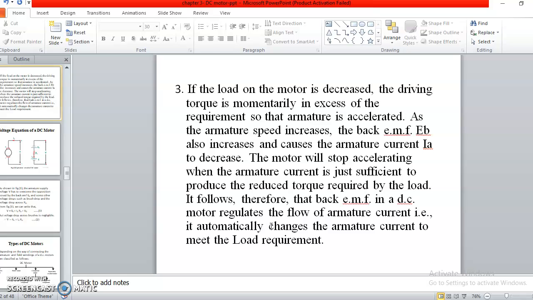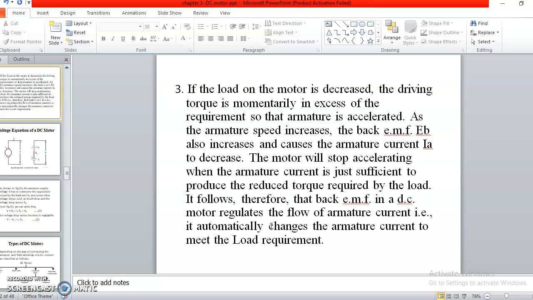The motor will stop accelerating when the armature current is just sufficient to produce the reduced torque required by the load. It follows, therefore, that the back EMF in a DC motor regulates the flow of armature current. That's why it automatically changes the armature current to meet the load requirement.